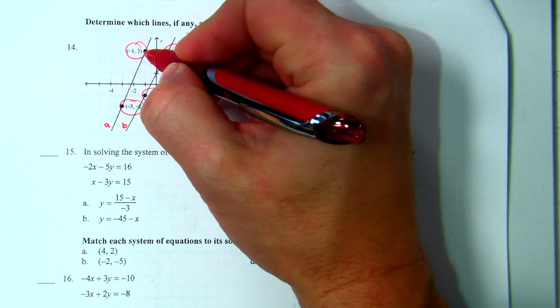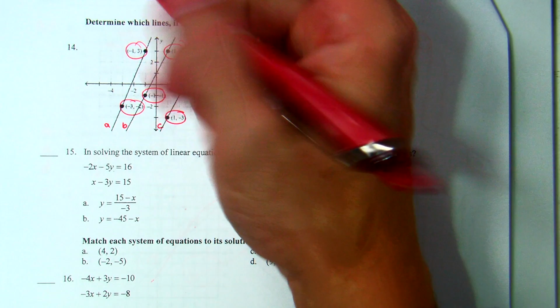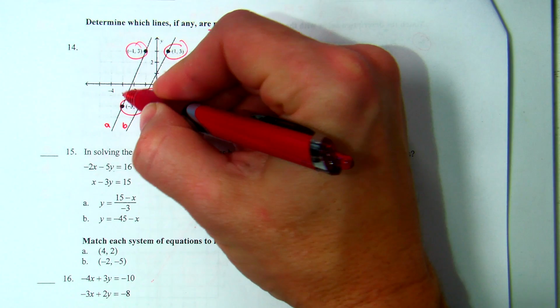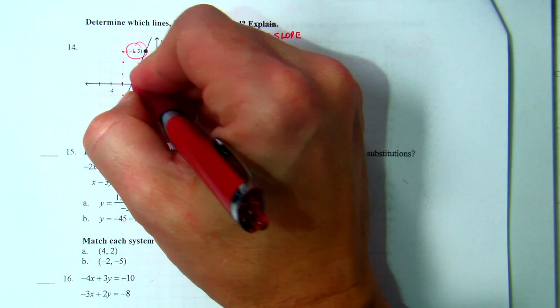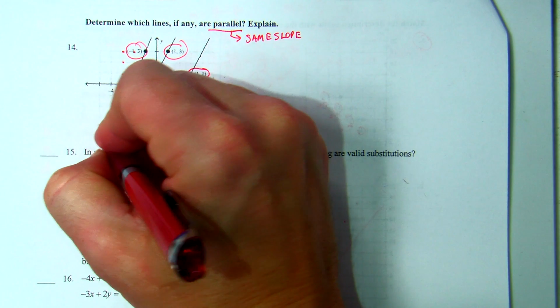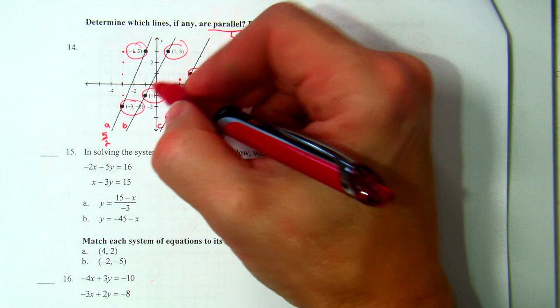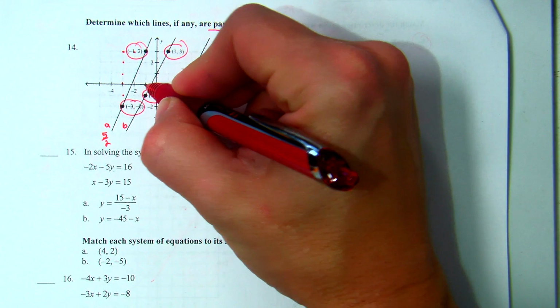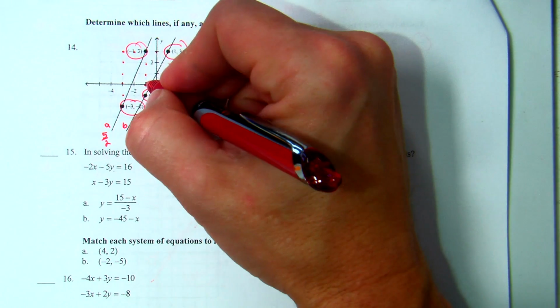All right, so if I'm going to go from this point to this point, moving from left to right, we always move left to right. We're going to go up 1, 2, 3, 4, 5, over 1, 2. So the slope of A is 5 over 2. On B, we're going up 1, 2, 3, 4, over 1, 2.